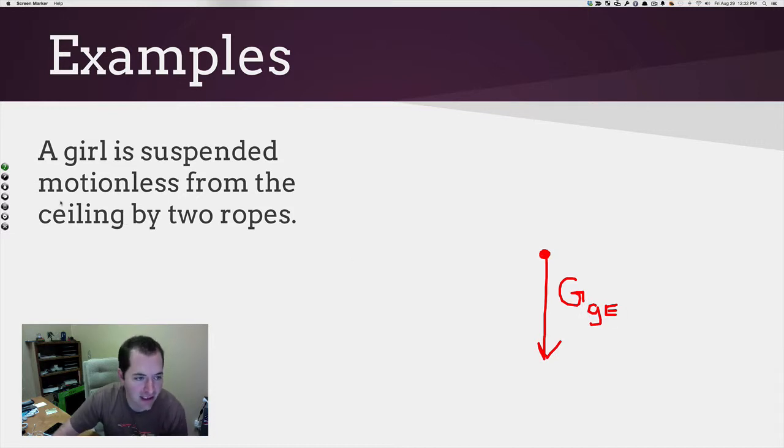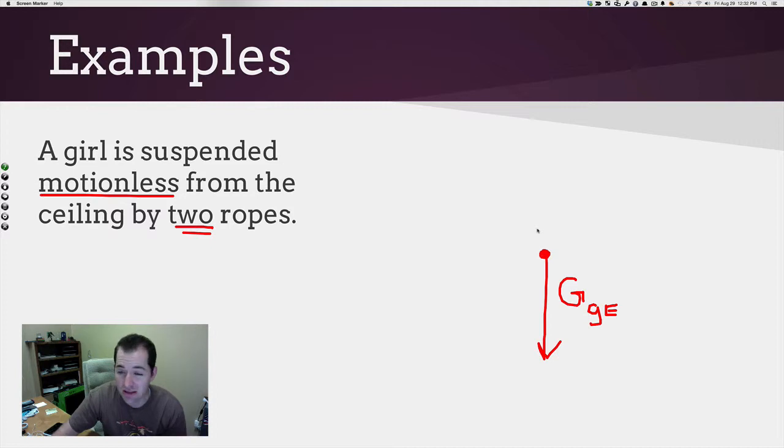And again, another clue we've got is she's motionless. So she's at rest. The difference here though is we've got 2 ropes. So somehow we're going to have to balance this downward gravitational force with the force from these 2 ropes. Now remember, for her to be at rest, the same amount of force downward has to be balanced by the force upward.